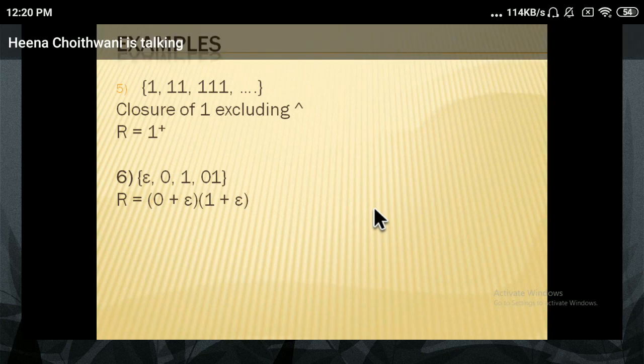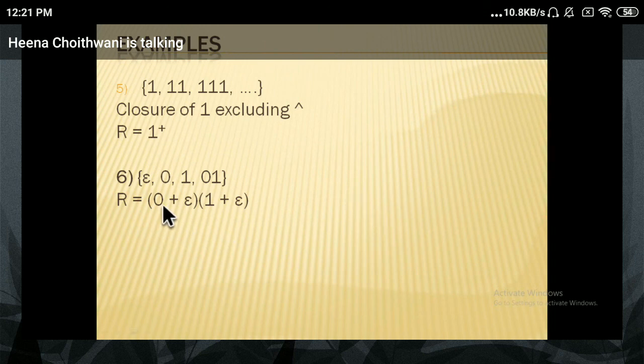You have converted epsilon and 0 into epsilon plus 0, and epsilon and 1 into 1 plus epsilon, right? Now, the fourth symbol is 01. How can we obtain that symbol using this expression? Since we are using concatenation, which strings will be formed?